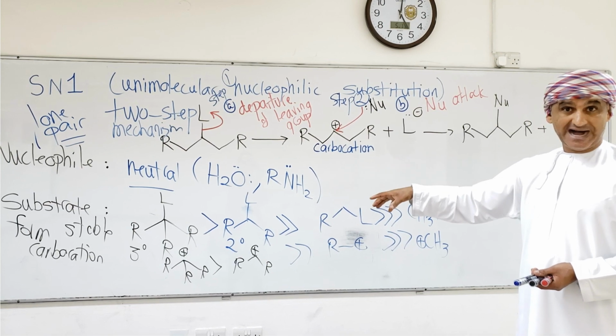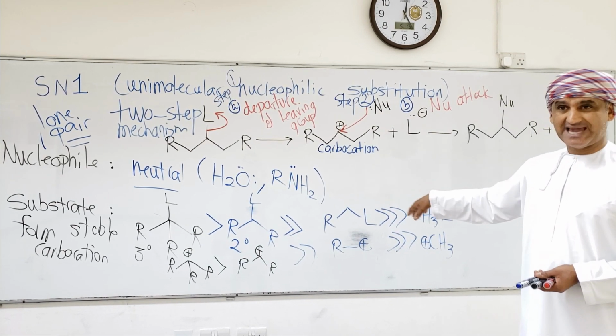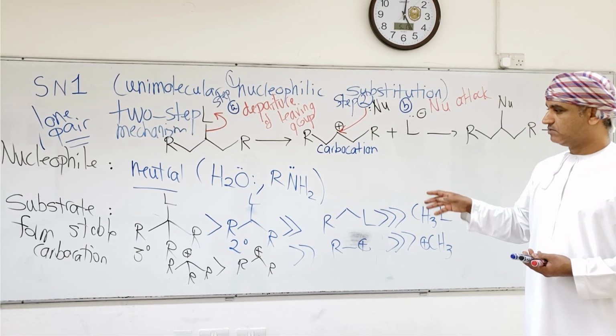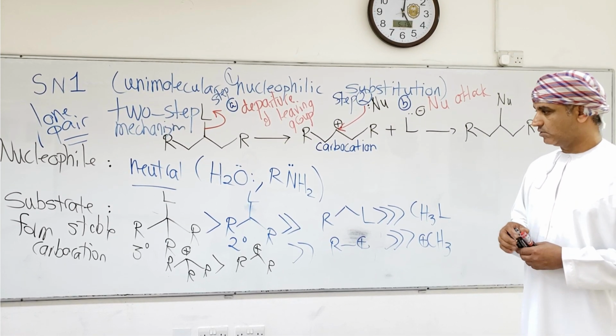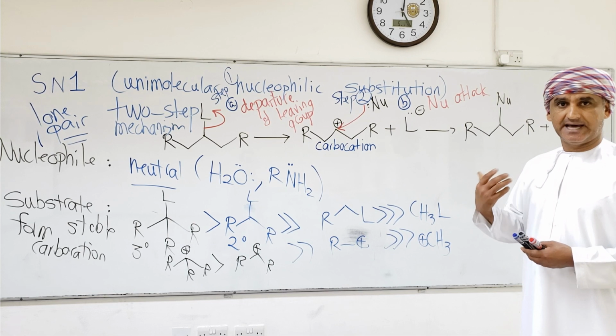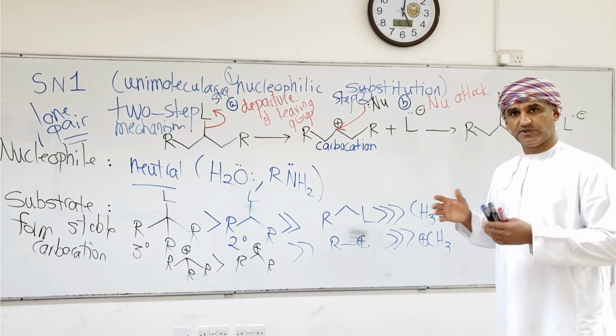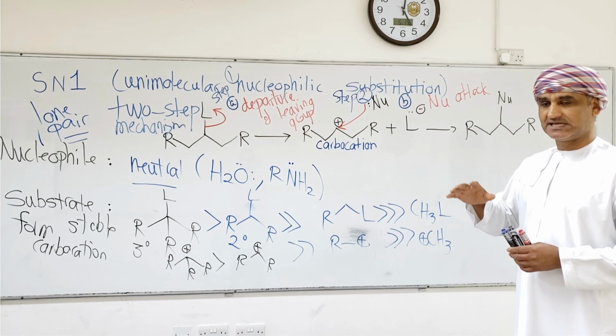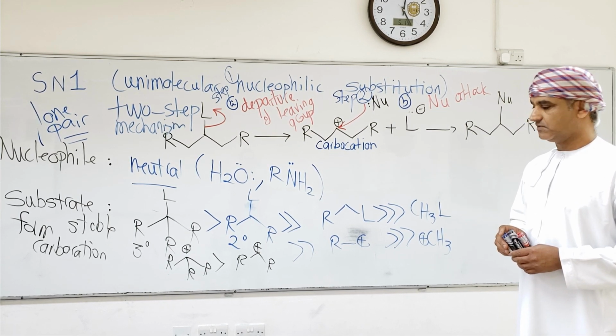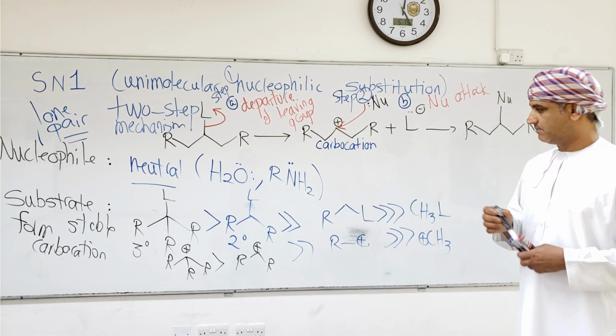We can also combine, by the way, in this reactivity scale, a benzylic substrate and also an allylic substrate, because they will produce stable carbocations, similar, not identical, but similar in stability to the corresponding secondary carbocations.